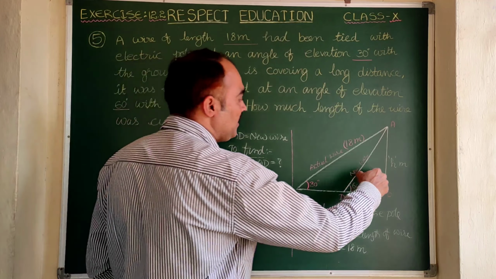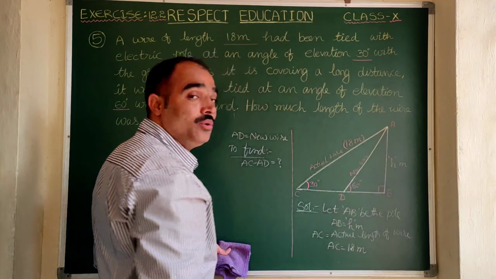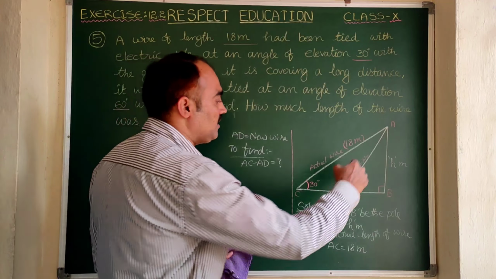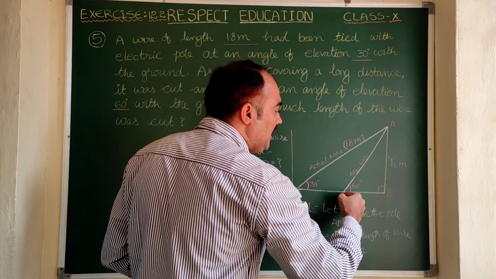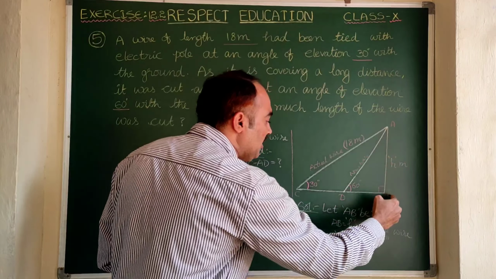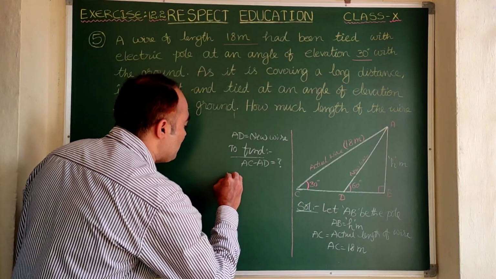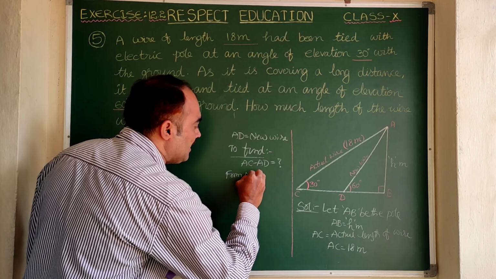Now observe clearly that angle B is equal to 90 degrees. So here we have two right angled triangles. The first one is triangle ABD, and the second one is triangle ABC. Let us separate them.